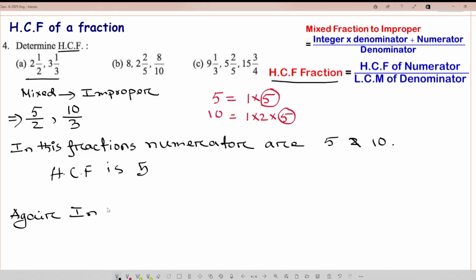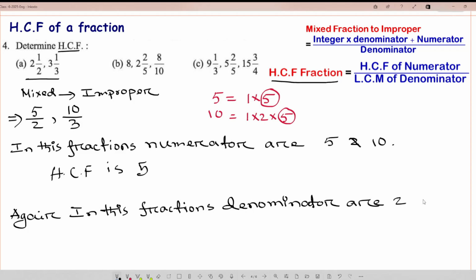Again, in these fractions, the denominators are 2 and 3. So the LCM of 2 and 3 is 6.